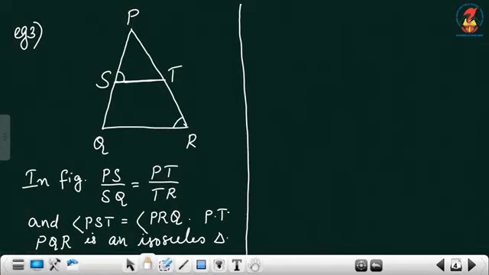Then example 3. In the figure, PS by SQ is equal to PT by TR and angle PST is equal to angle PRQ. Prove that PQR is an isosceles triangle.